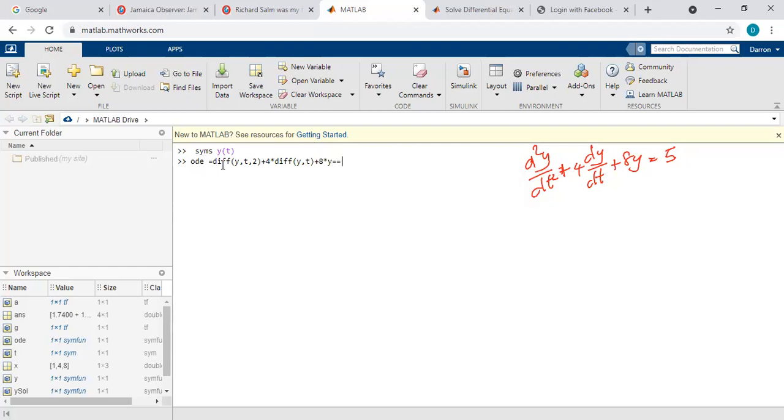So equal to is two equal signs, 5. So that is our differential equation. That's the differential equation that we want to solve.